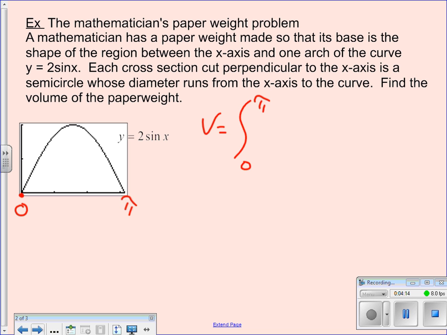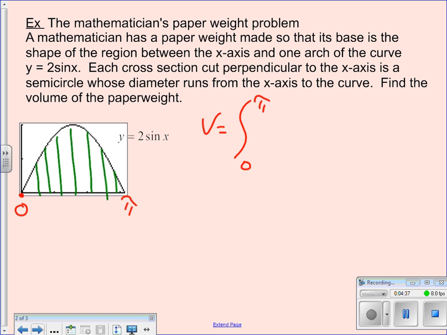Now we need to find the area formula. So here's what we're dealing with. Every single cross section, every slice of this, runs perpendicular to the x-axis, right? These are each the slices. Imagine this was a piece of bread instead of a paperweight, and I'm cutting it with a knife just like I cut the bread.